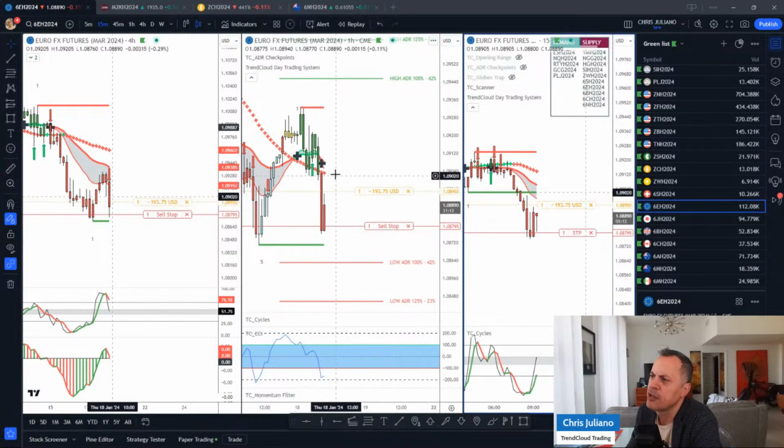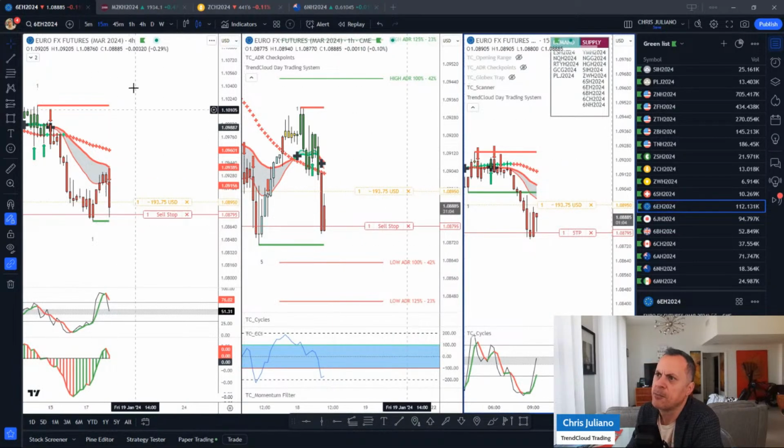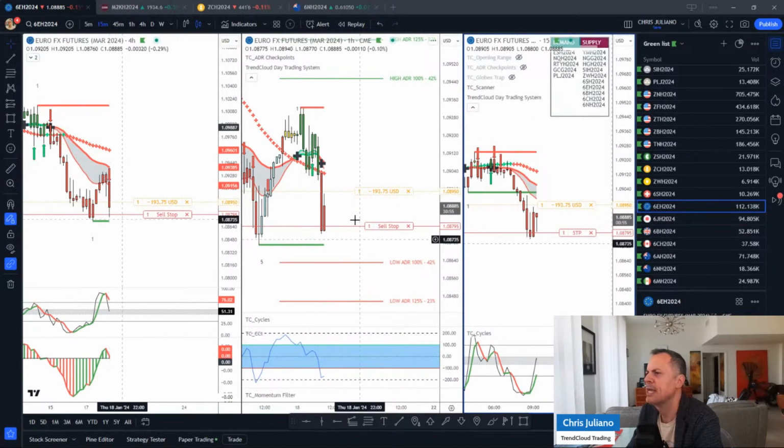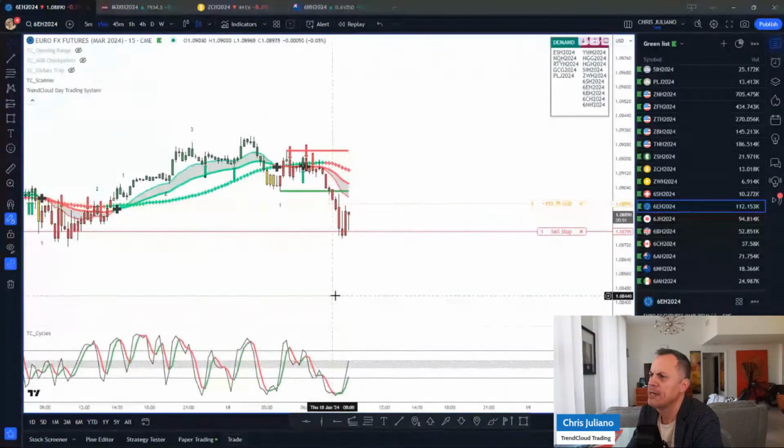Might want to be reaching for some sort of resistance level right here. The setup on the 4 hours looking very nice, right? This is that first pullback into the cloud. And do we have any 15-minute supply zones? Are there any 15-minute supply zones here?